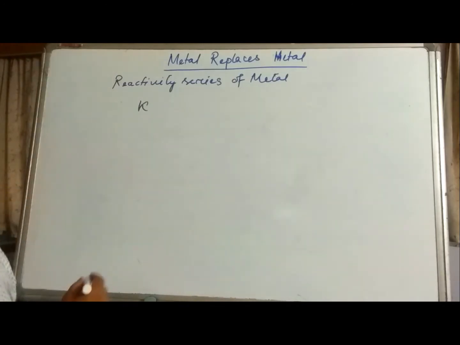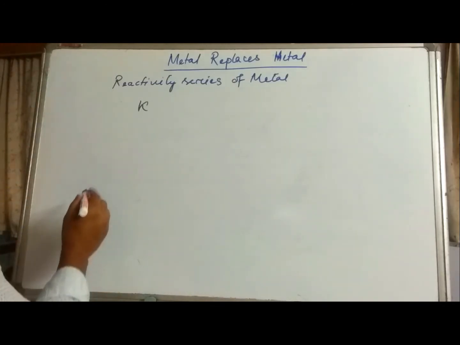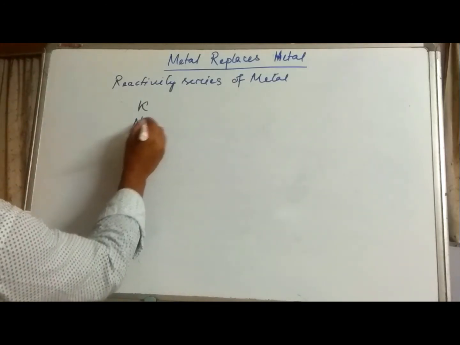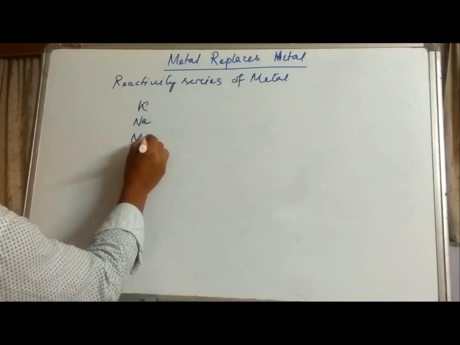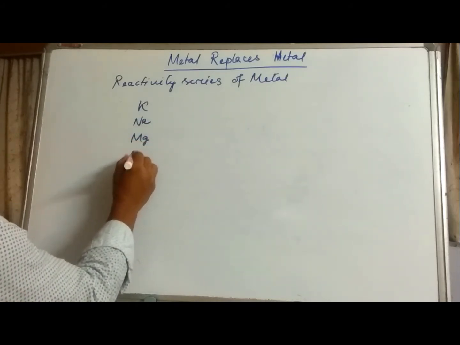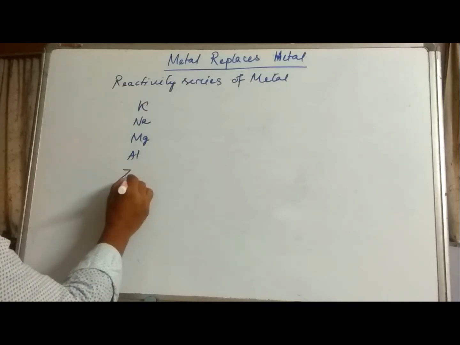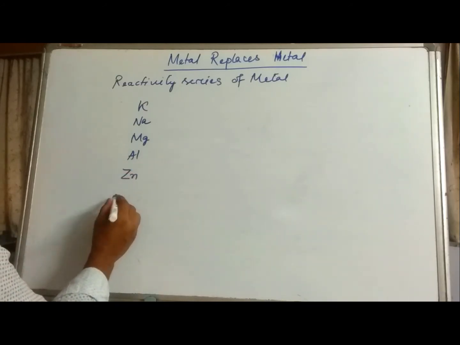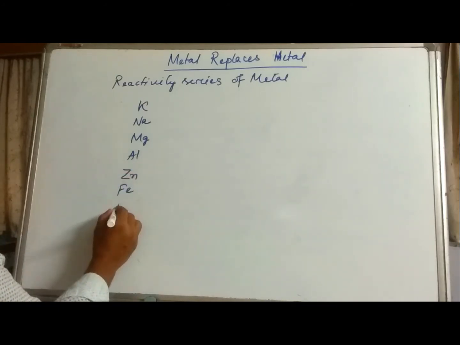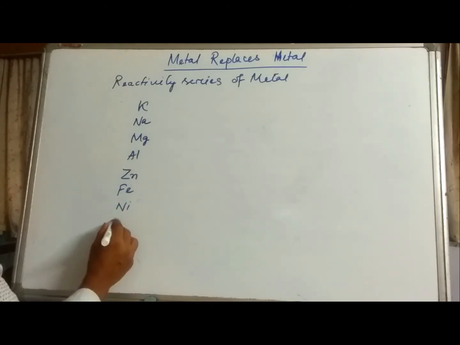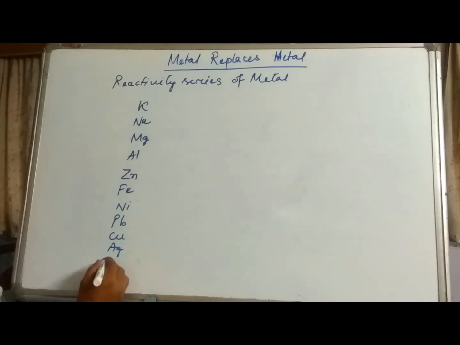Most reactive is potassium, then sodium, then magnesium, then aluminium, then zinc, then iron, nickel, lead, copper, silver, Au gold, and platinum.